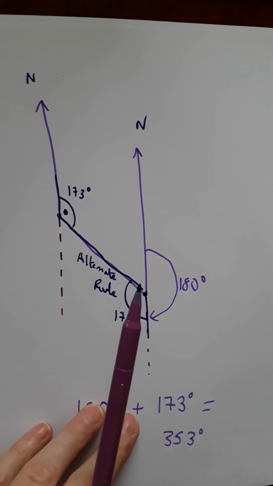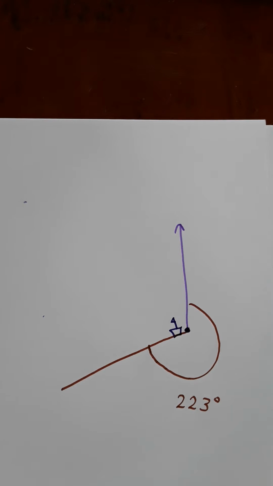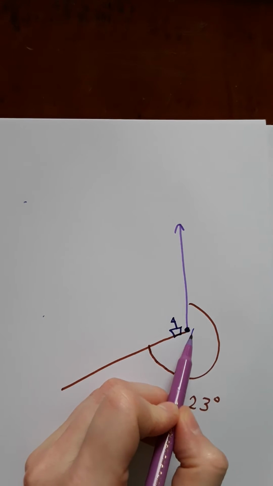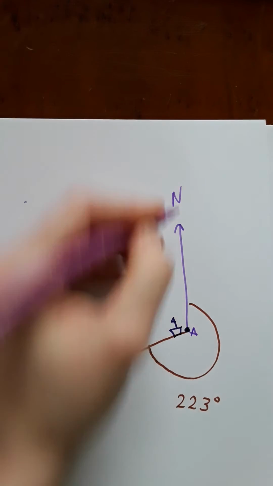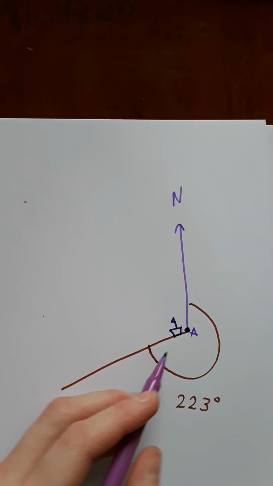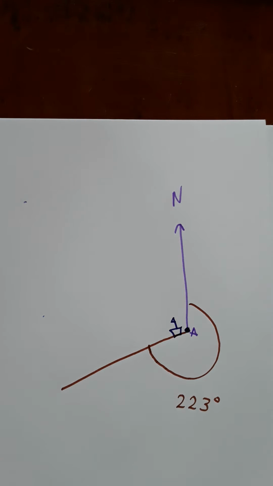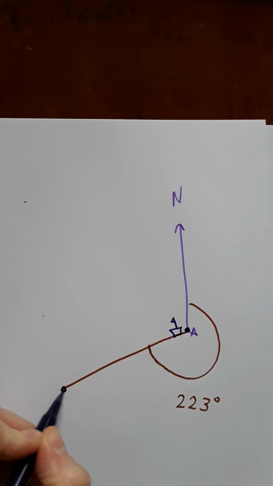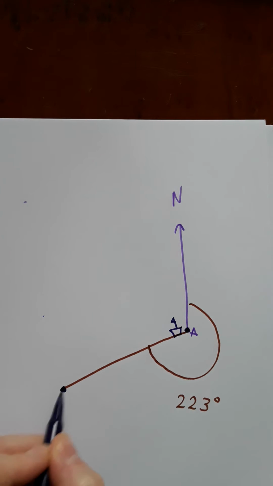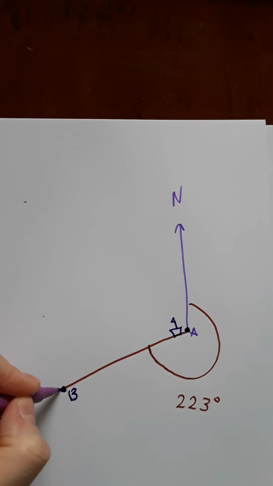So for example, here we have our ship at this point, and we're going to call that A, and it has a bearing of 223 degrees. It's going to travel to a point. It doesn't matter where our point is at this point. It's just that we know it has to face this direction to get to the point it wants to. I'm going to call that B. And then I'm going to draw my north line on.